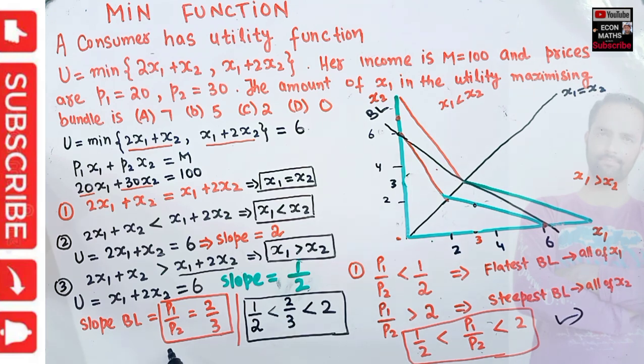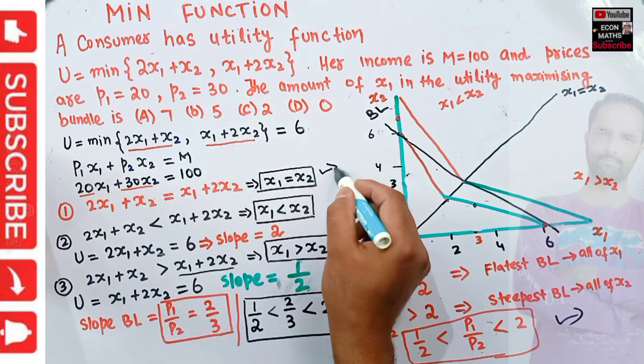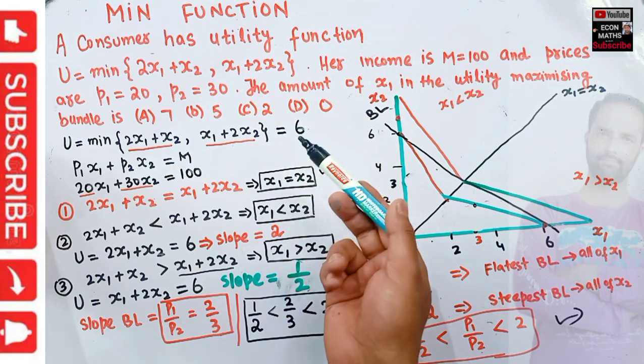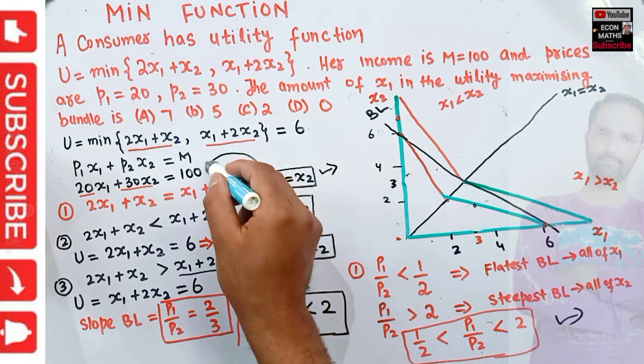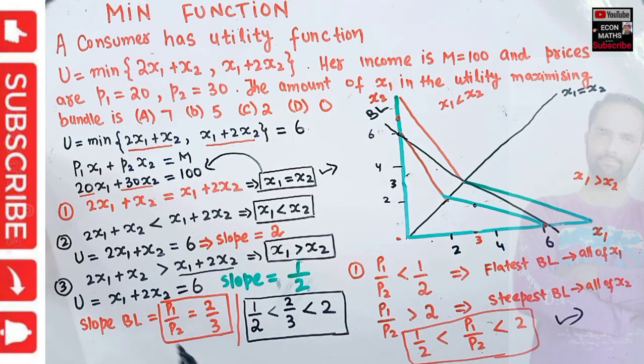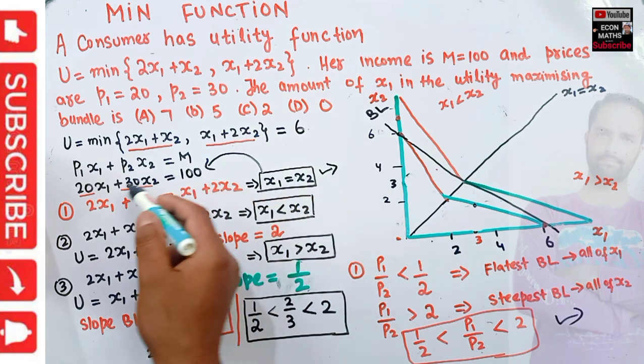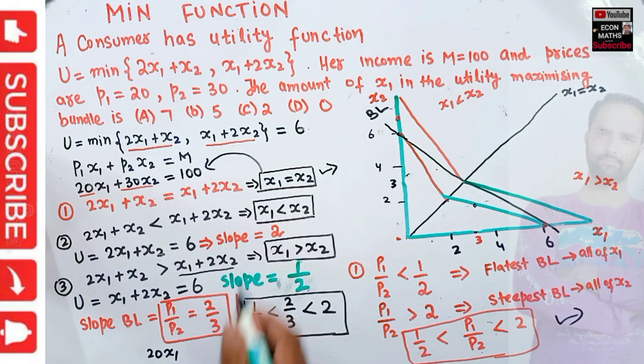In this case, what will our consumer consume? Since x1 is equal to x2, just plug this value back in our budget constraint. We have 20 x1 plus 30 x2, and in place of x2 I will write x1, so 20 x1 plus 30 x1 is equal to 100, which implies 50 x1 is equal to 100.